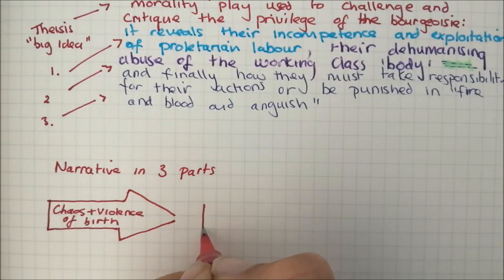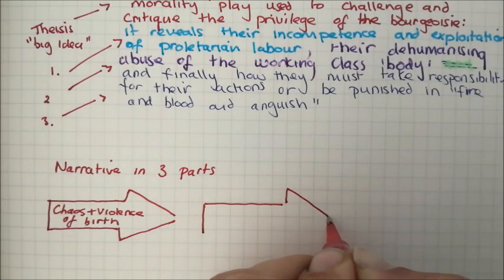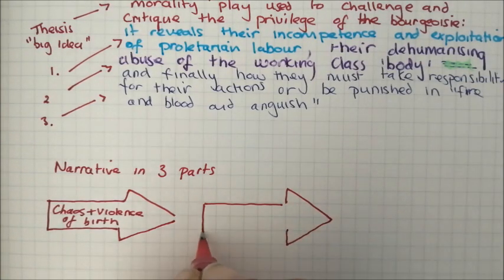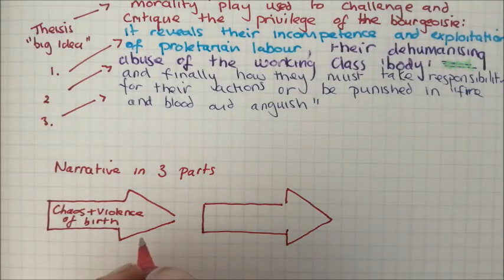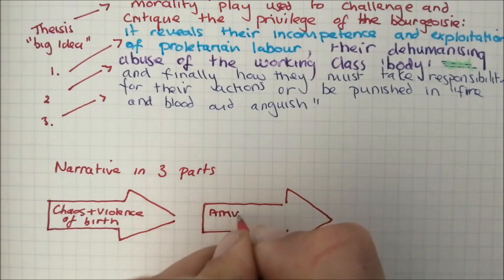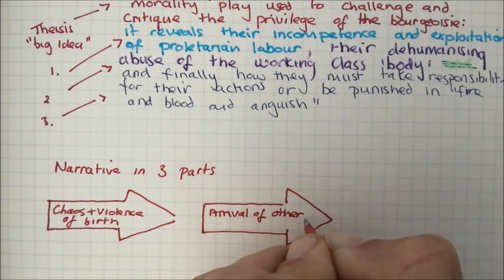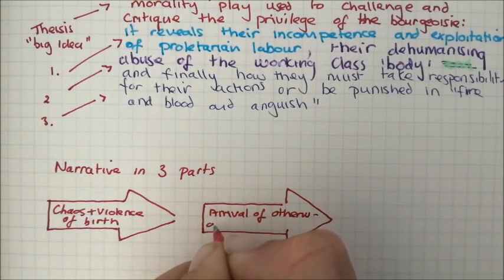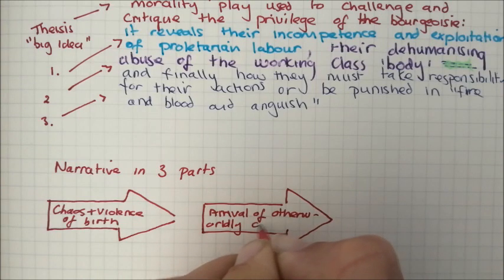Then it moves on to the next section that's really important of this poem. And this arrival of this strange otherworldly creature. The child, like a beautiful alien.